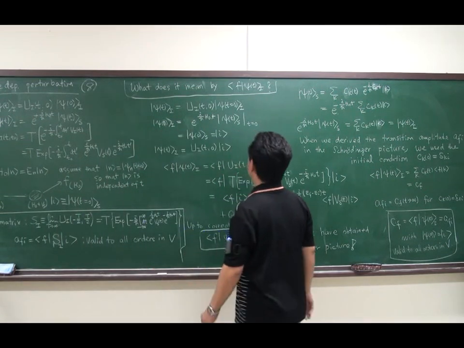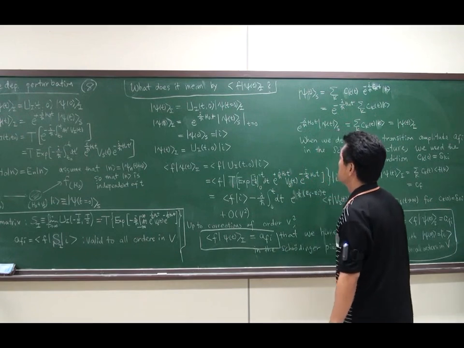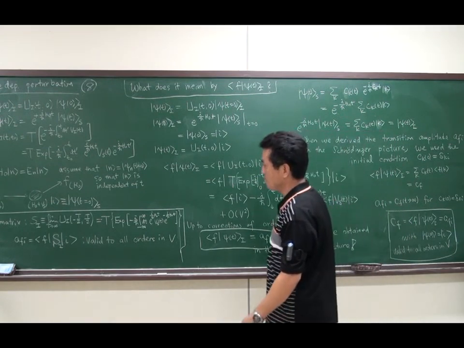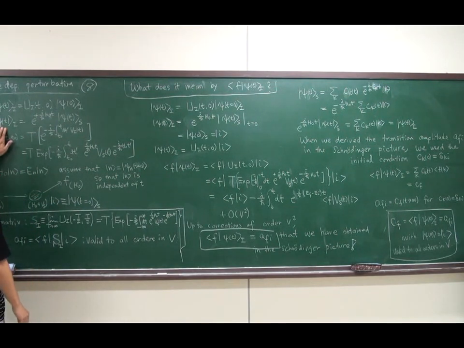So what does it mean by F psi I at time t? In the interaction picture we have a time evolution, and here I and F are states of those Hamiltonian, and we ignore the time evolution of those states, just like a time independent problem.